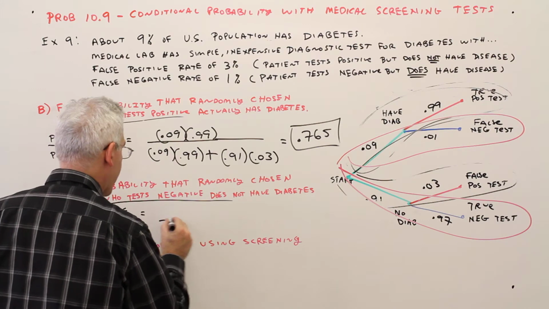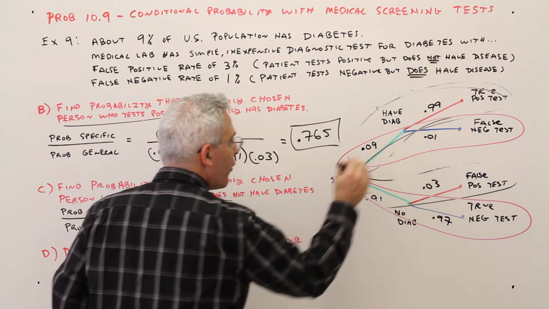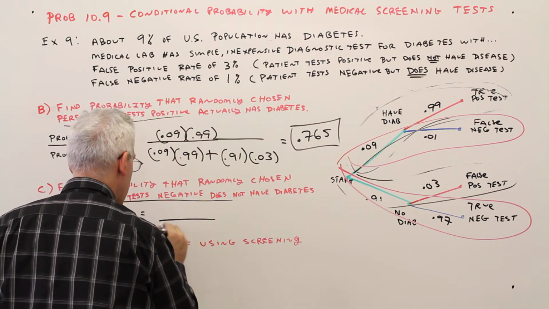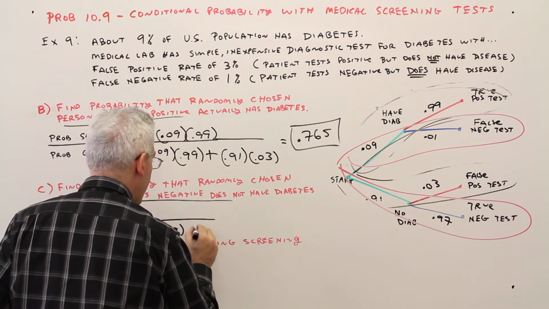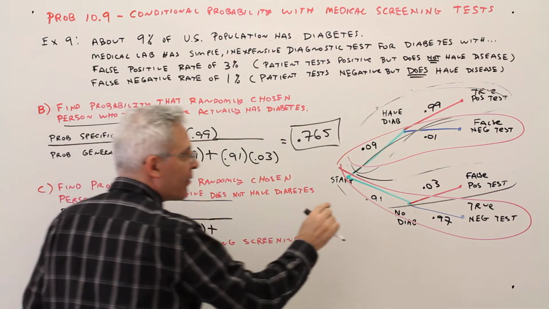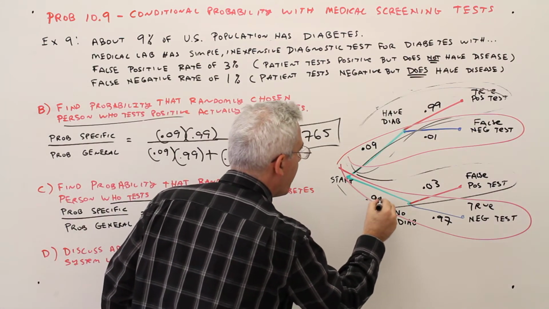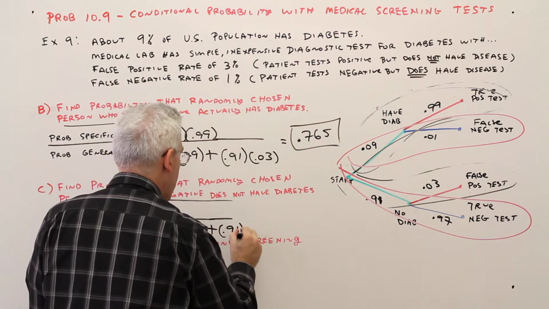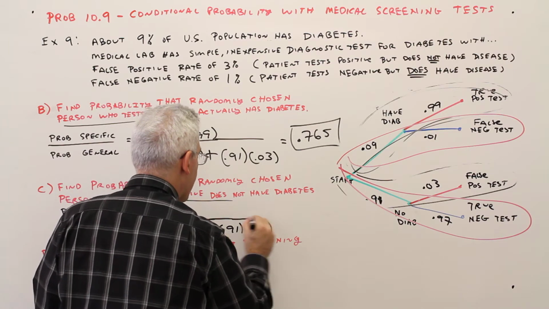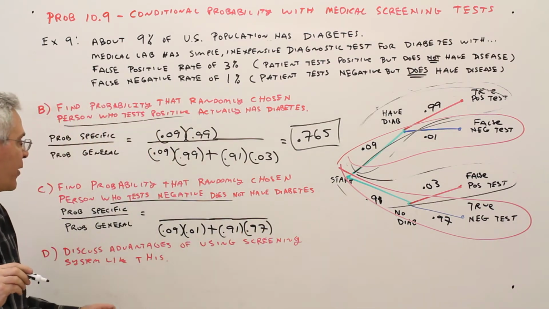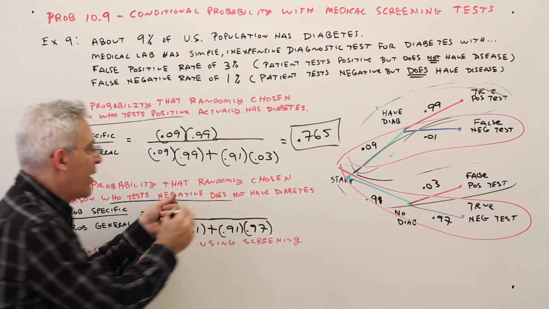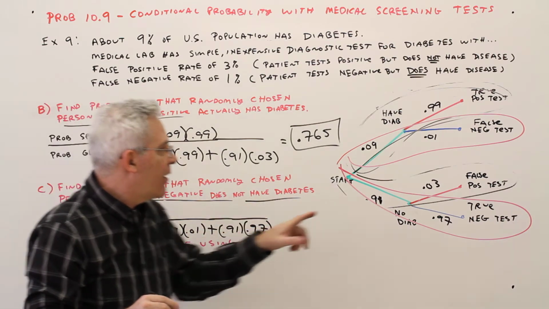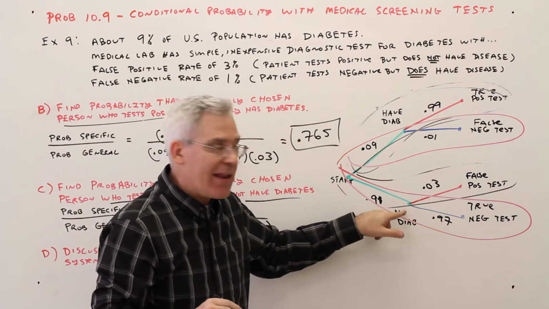For my generals, that would be 0.09 times 0.01 plus 0.91 times 0.97. Then my specific would be testing negative and not having it.